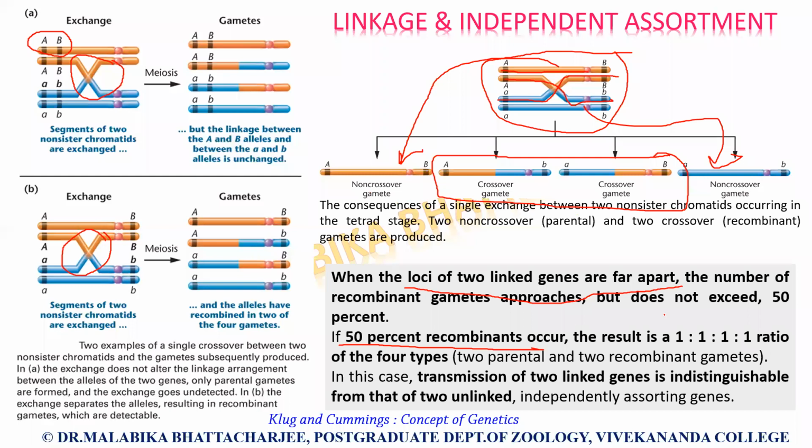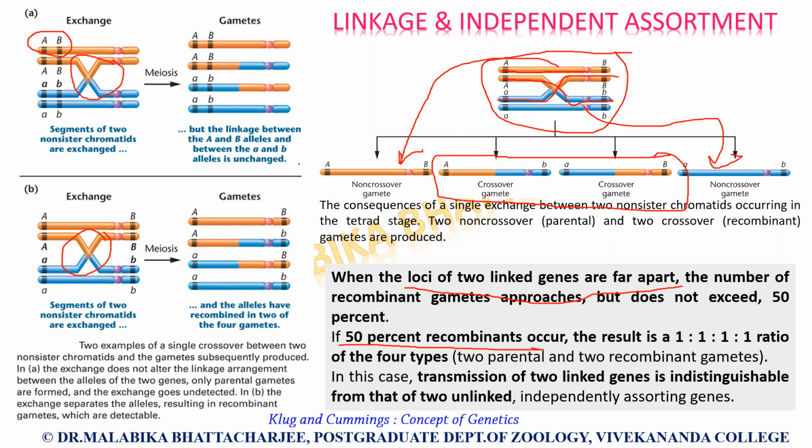In such a case of transmission, the 2 linked genes become indistinguishable from 2 unlinked genes. And in this case also, the 2 linked genes are showing the phenomenon of independent assortment.